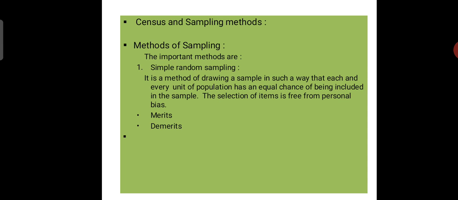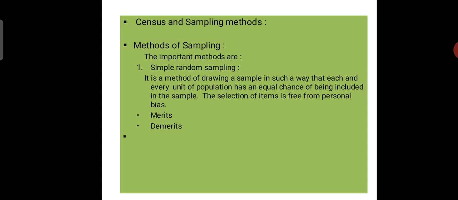It is a method of drawing a sample in such a way that each and every unit of the population has an equal chance of being included in the sample. The selection of items is free from personal bias. For example, in this method, the units in the population or group are numbered from 1 to n.